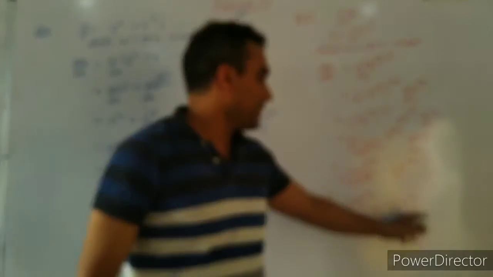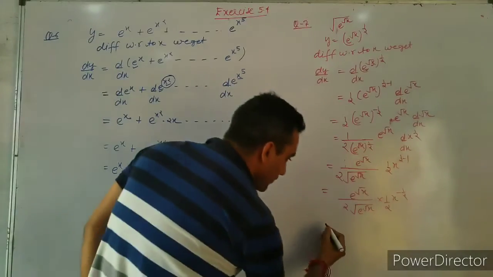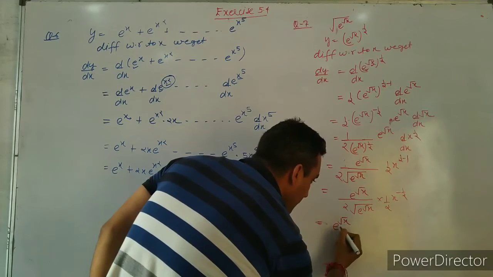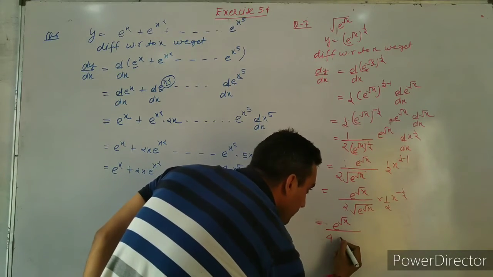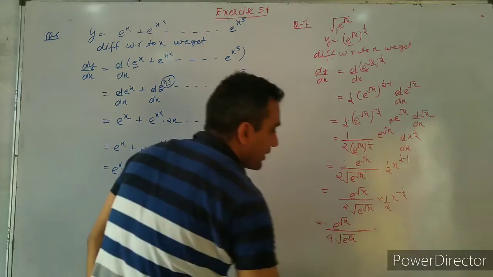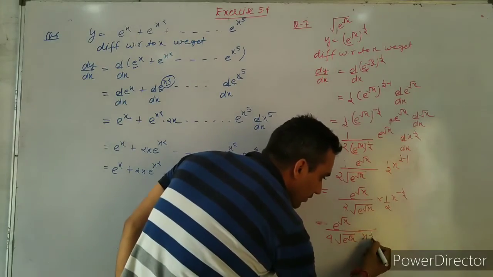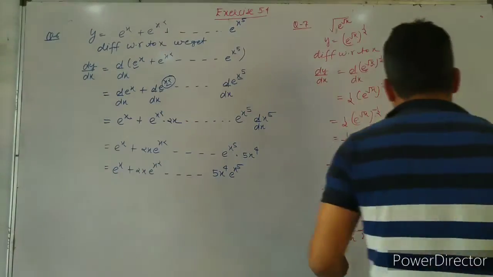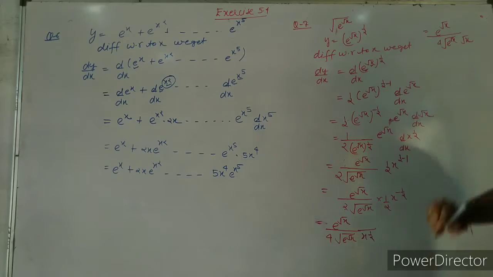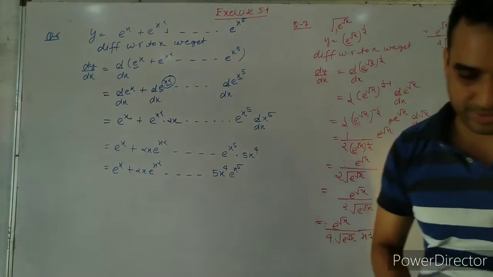The x to the power minus 1 by 2 will come to the denominator, and this x to the power 1 by 2 means under root x. So our solution is this.